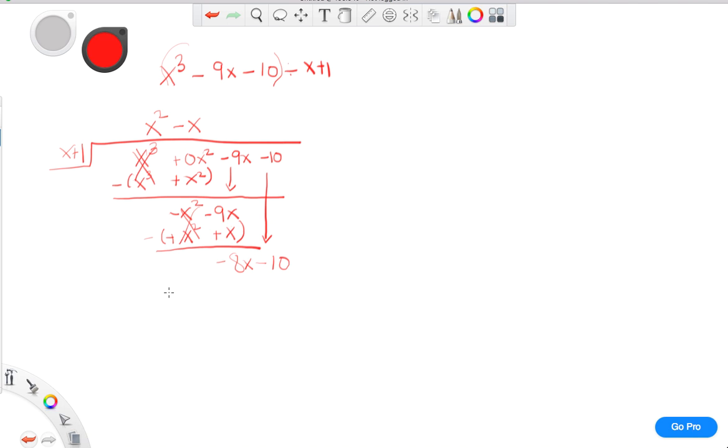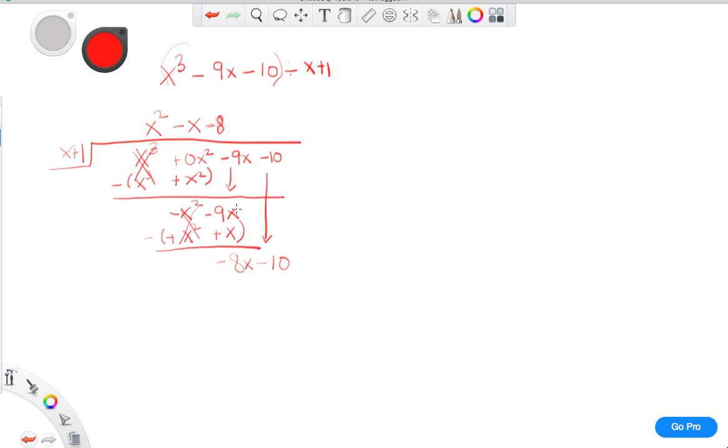All right, awesome. How do I make this coefficient look like the leading coefficient? It's all about the leading coefficient. So, you've got negative 8x here and you've got x here. So how do I make this look like that? Well, I am going to multiply by negative 8, right? Yep, negative 8. Sorry. All right.